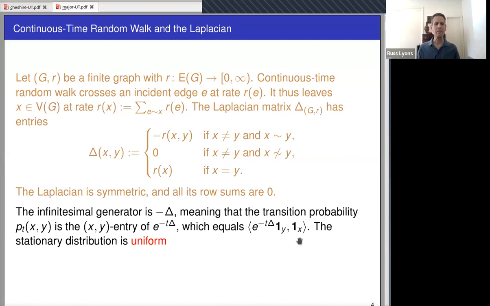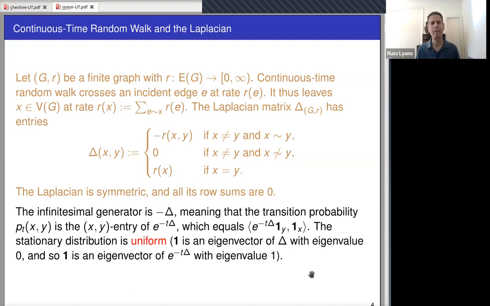Okay, we're going to use this. The stationary distribution of this random walk is uniform. This is a nice property of the variable speed. So intuitively, how can you think about it? If you have a uniform mass on all the vertices, each edge is going to interchange a certain amount of mass when it rings in the same direction. So you can think about that as saying the mass is not going to change after a ring of any of the edges.